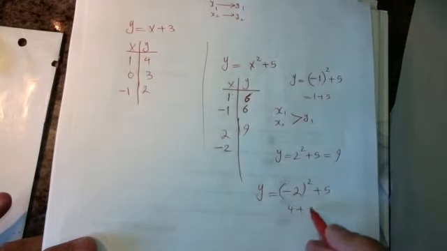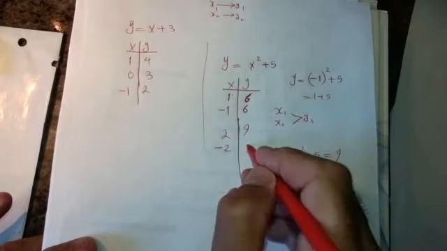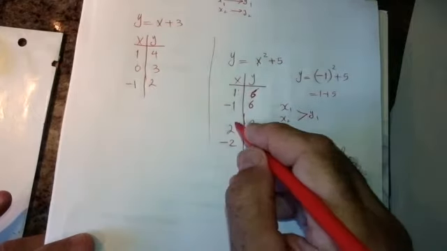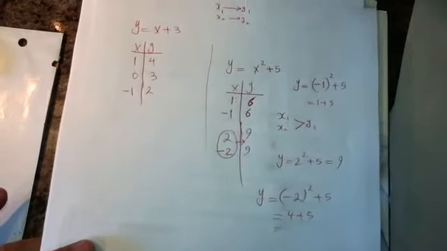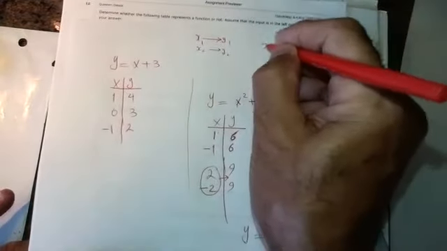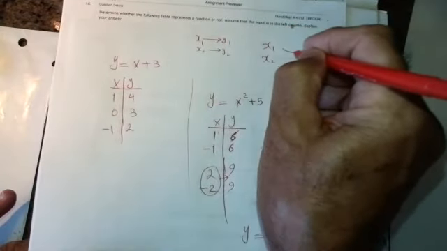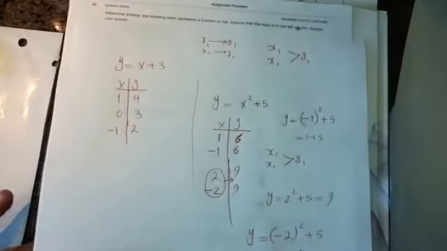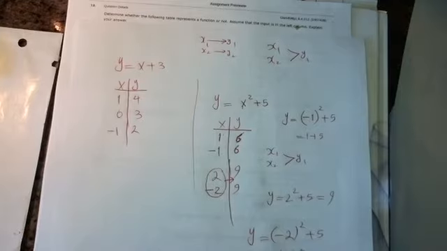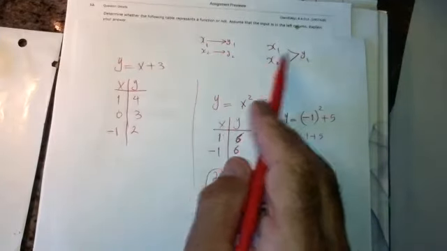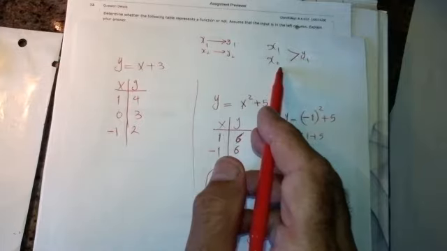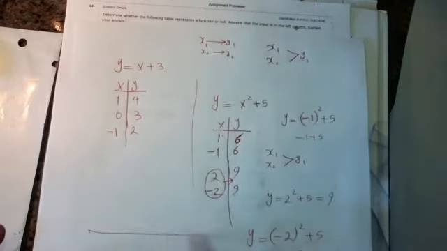So it is 4 plus 5, which is 9 again. Look, for two different x, you come up with one value of y. This is also a function. So whether for every x you have one value of y, or for two x you have the same value of y, it is a definition of functions.